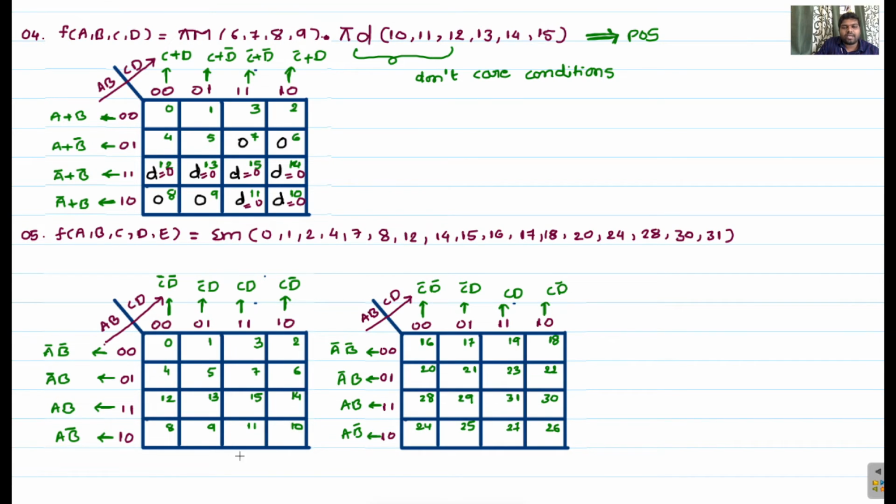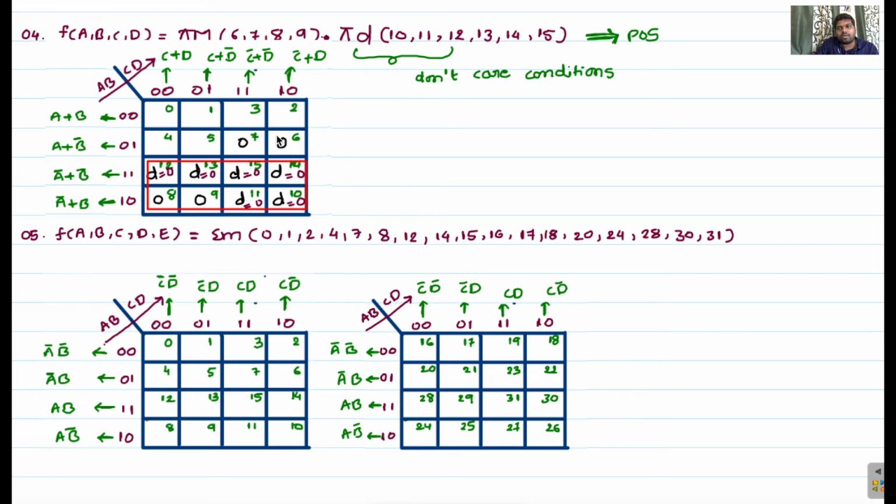So this is one possibility, grouping of 8 adjacent cells. If you observe 7, 6, 14 and 15, if you assume 14 and 15 are zeros, there is a possibility to get one quad. Otherwise you will get only one pair. Because of pair we will eliminate only one variable, but because of quad we will eliminate two variables.